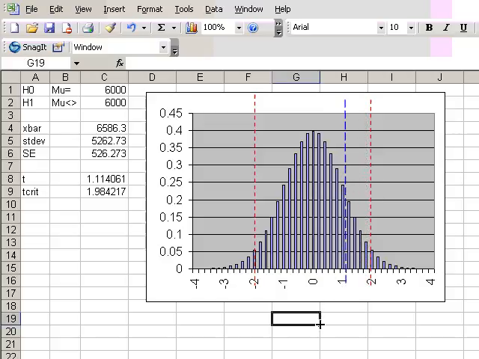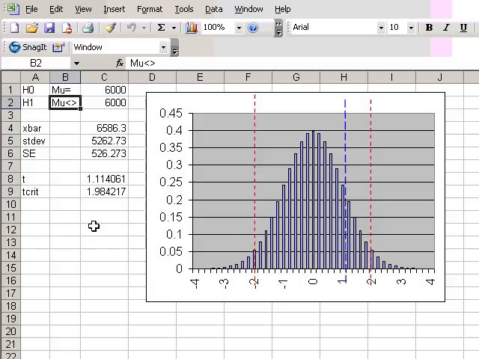Because the t-value we calculated lies between the two sets of red lines, we would conclude that we cannot reject our initial hypothesis, even though the sample value we got was 6,586. It's within the 1.98 standard deviation limits for a two-tailed test, which is what mu not equal to 6,000 means.